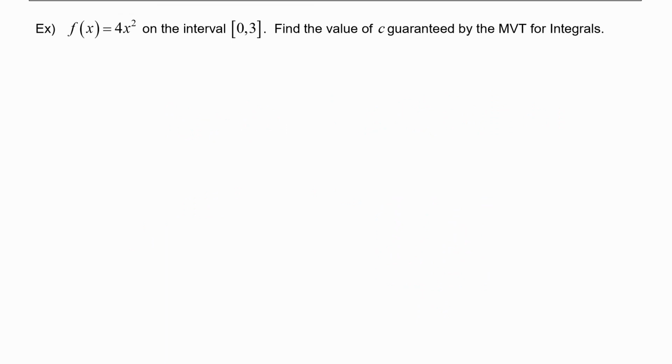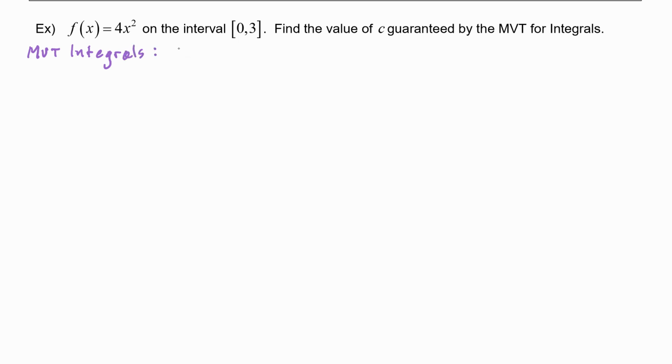In this example, f of x is equal to 4x squared on the interval 0 to 3. We have to find the value of c guaranteed by the mean value theorem for integrals. So let's remind ourselves of the concept for the mean value theorem for integrals.